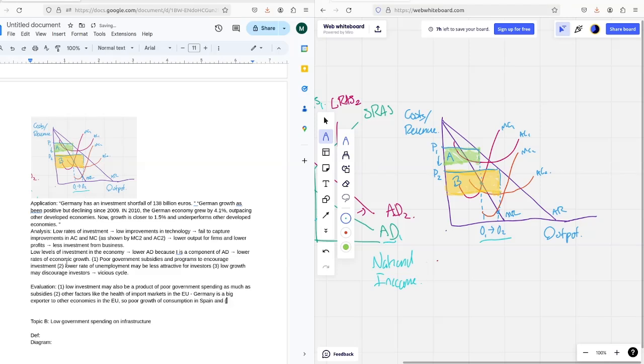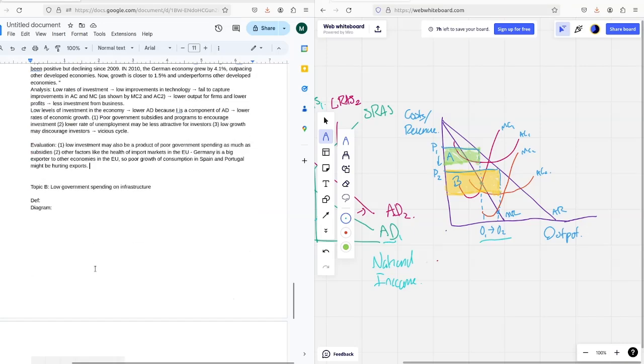I'm just picking those because they suffered a lot during the financial crisis and have a lot of government debt and low levels of consumption, lots of unemployment, might be hurting exports. So maybe another explanation for this is actually that difference in AD is more down to the health of the German exports than it is down to levels of investment. That would be another way of evaluating this.